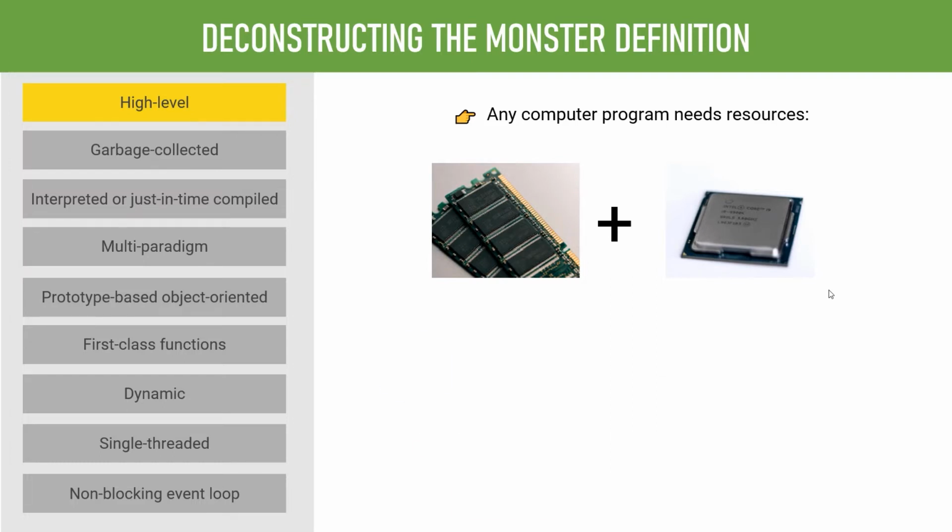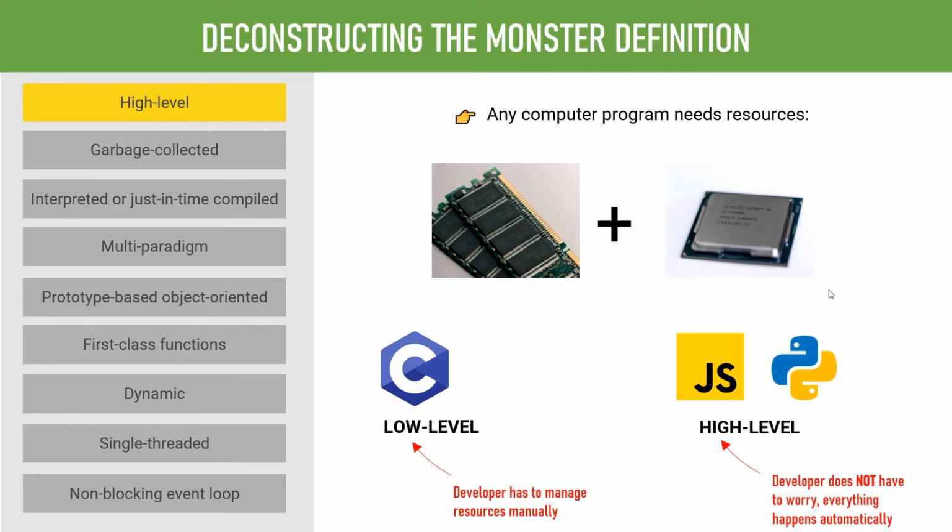Now, there are low-level languages such as C, where you have to manually manage these resources. For example, asking the computer for memory to create a new variable. On the other side, you have high-level languages such as JavaScript and Python, where we do not have to manage resources at all, because these languages have so-called abstractions that take all of that work away from us.